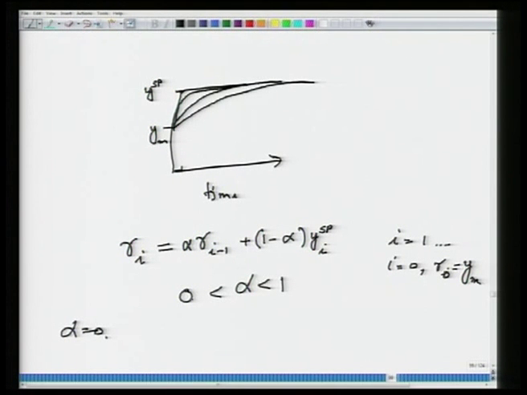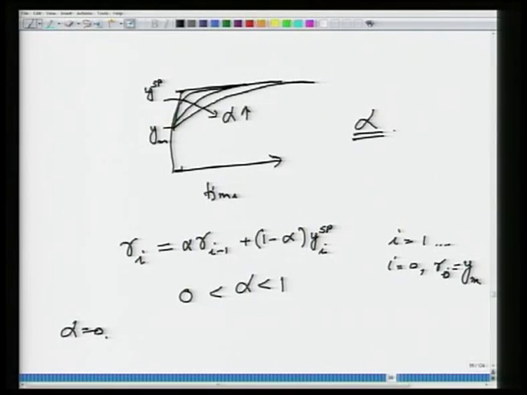As I keep increasing alpha from 0 to 1, I get more and more damping. So, as alpha increases, I get slower and slower rise to the set point. Okay. So, you can imagine that this alpha is a parameter in the hands of the control system designer. If you choose small alpha, I want a fast rise to the set point, what that would do is make my control system aggressive.